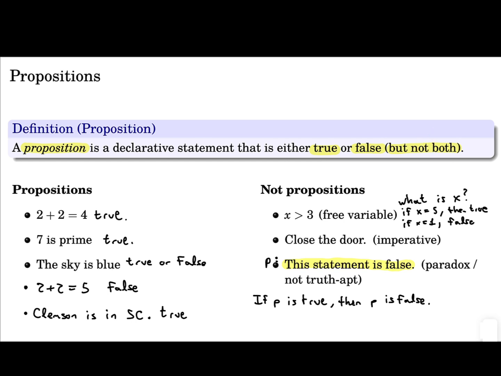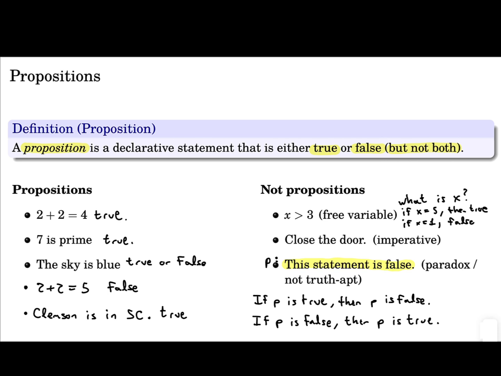Okay. Now the other possibility would be, well, what if P is false? Well, now, if P is false, then this statement is false, which means that this statement is true. But then P is true. And so once again, we get both.